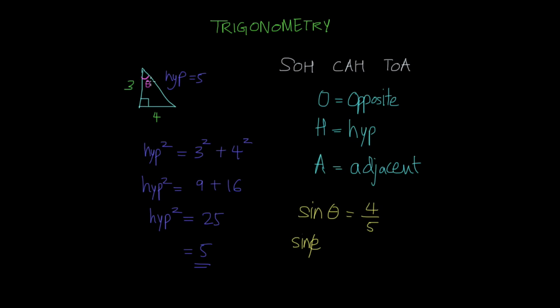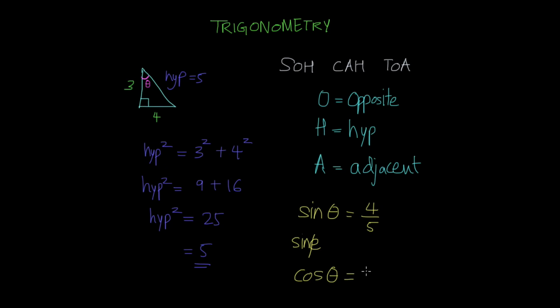What if I wanted to find the cosine of that angle? Well, cosine, or cos for short, of theta would be adjacent over hypotenuse. So my adjacent side to this angle theta is this side 3.